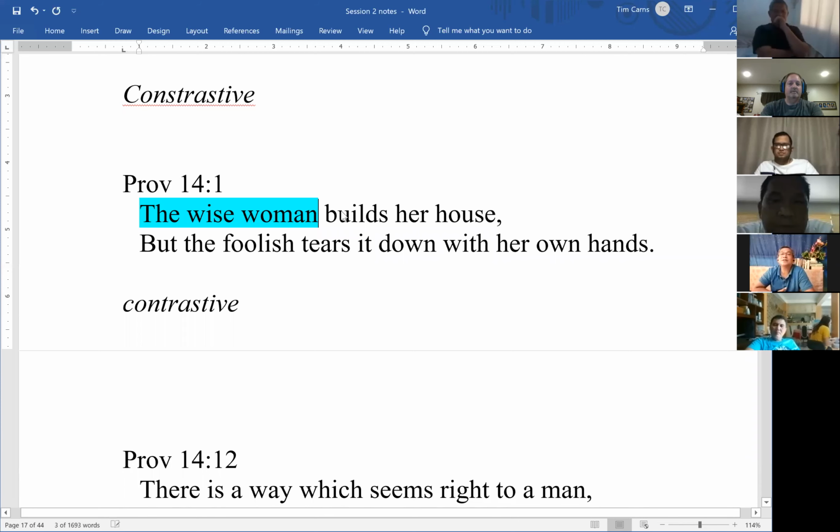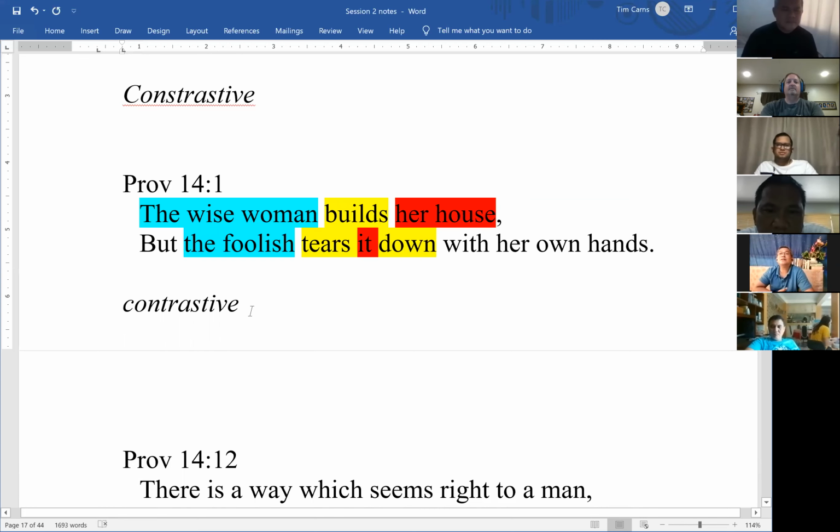Builds, tears down. And then her house. It's kind of buried in the middle there. Yeah, these are exactly parallel, contrastive. All right. Proverbs are full of contrastive ones.